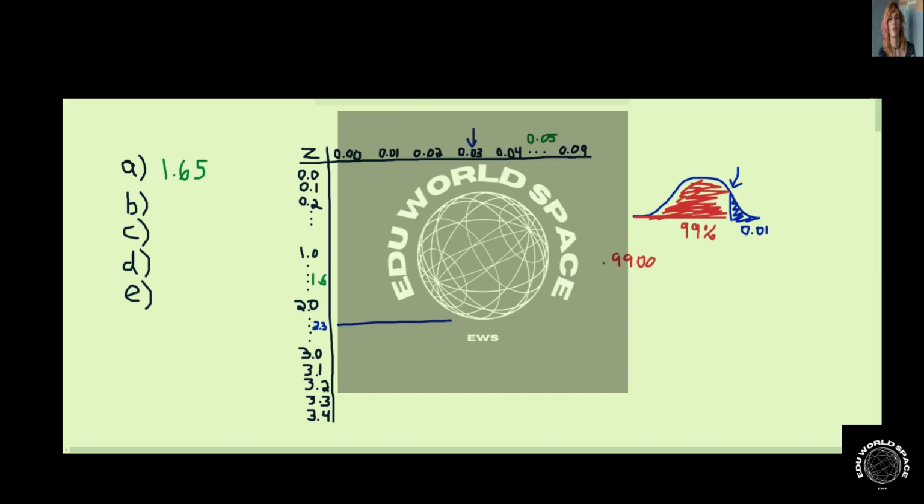So where these two meet will turn out to be 0.9901, and that is the closest number to 0.9900 that we can get. So that's the number we'll use. So part B, the Z value is 2.33.